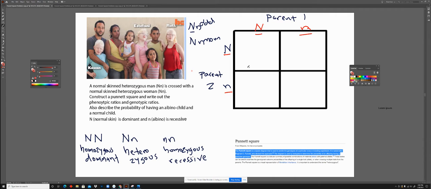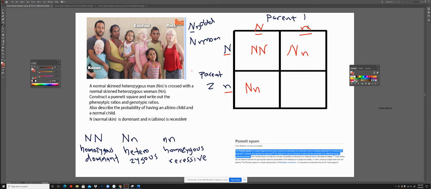All right? Now, all you're going to do next is combine the genotypes. Remember, it takes two genes to make one trait, at least in the beginning. So big N with big N, inside I put big N, big N. Big N with little n, it's big N, little n. Little n with big N. It doesn't matter the order, but in all the problems, it's always going to be the capital letter first.